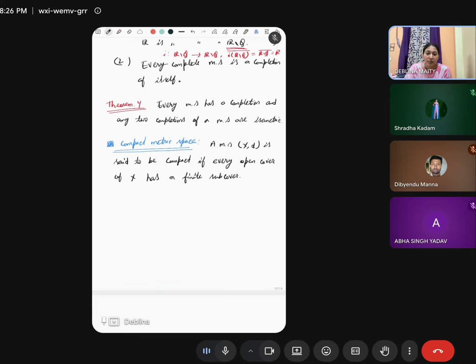Now, open cover means what? Open cover means a collection of open sets whose union contains X, right?